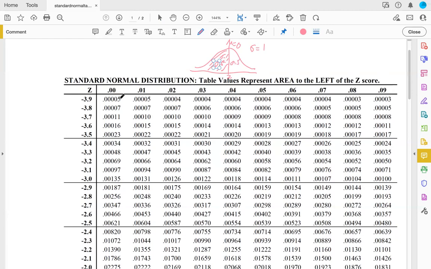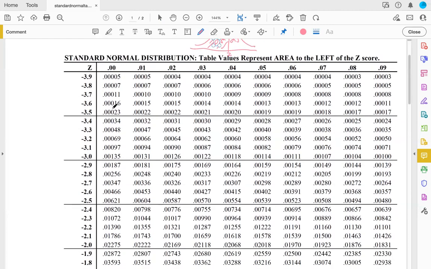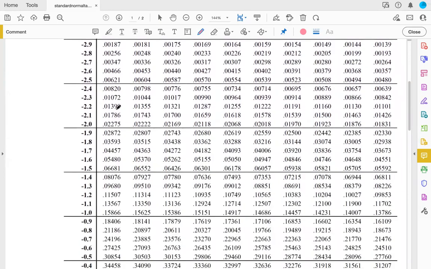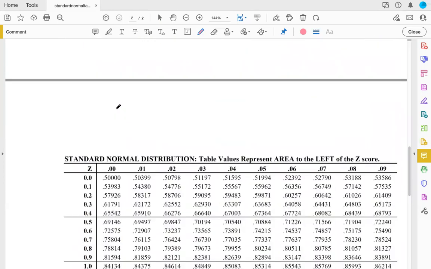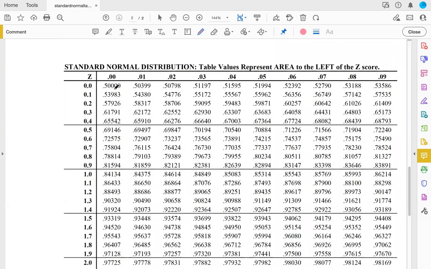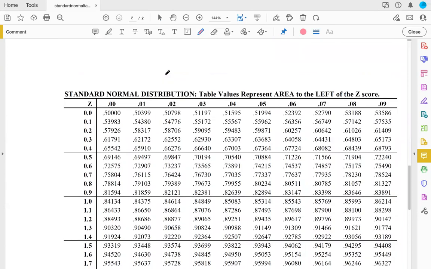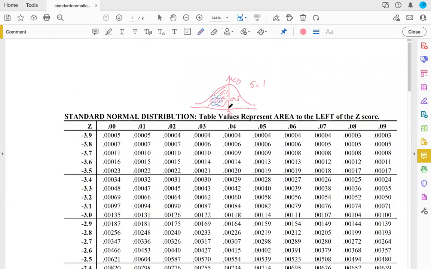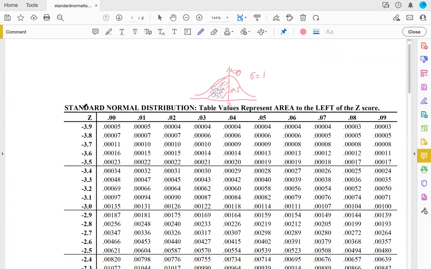So if we look at the 0.5, can you see this 0.5 is at 0? Which is correct, like I mentioned to you, our mean always equals 0 for the standard normal distribution curve. If you look at this table, there are two parts.